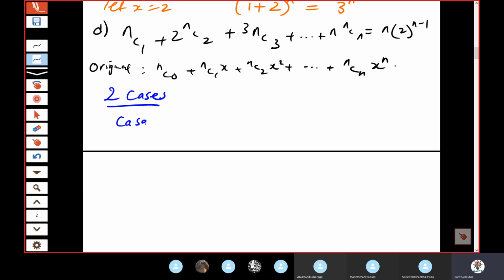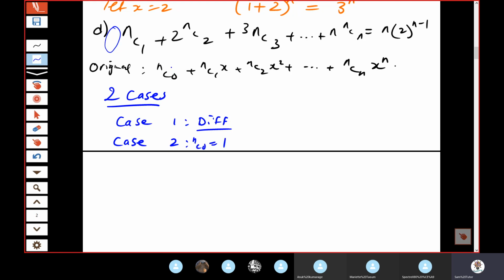Case 1, the obvious one that we now know, differentiation. Case 2, Maria, you said it originally before. When would n choose 0 not be here? When n choose 0 is actually 1.